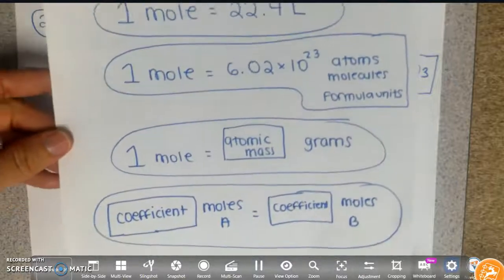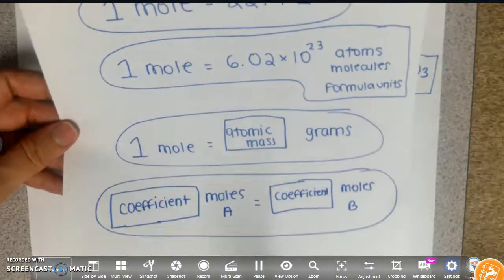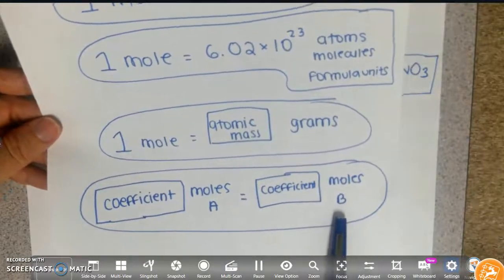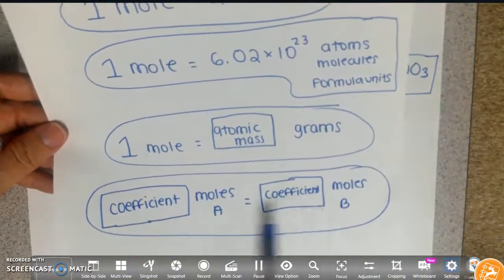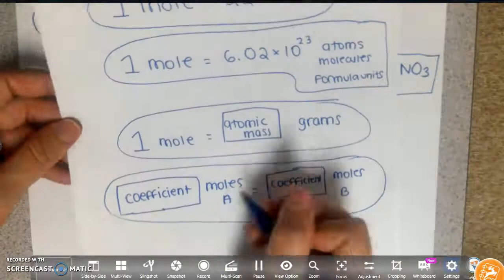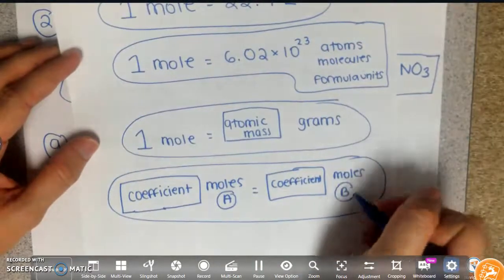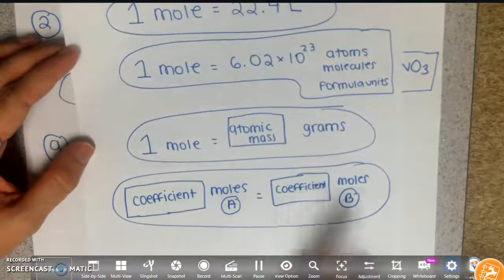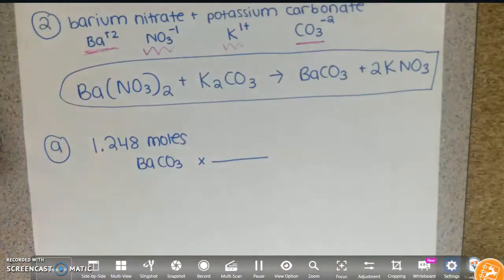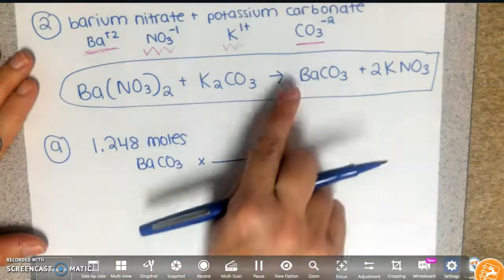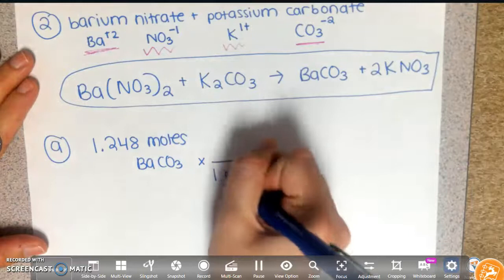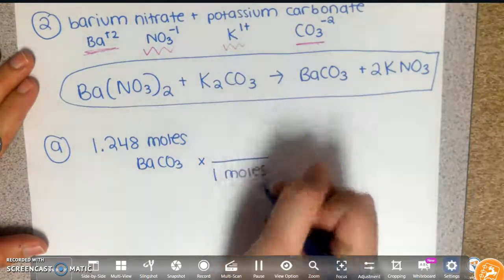When you look at your list, I can go from moles of barium carbonate to moles of barium nitrate using this conversion. This is the only conversion that lets you go from one thing, from A to B. So from one substance to something else, and we use our coefficients. So the coefficient for barium carbonate is a 1, and I'm going to put that at the bottom. That way it cancels out that unit.